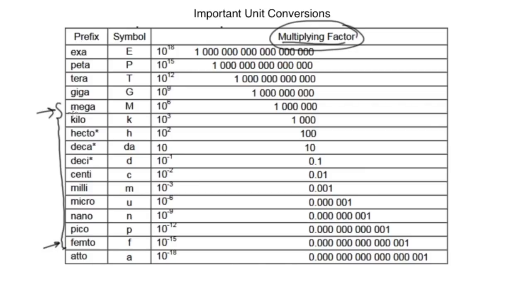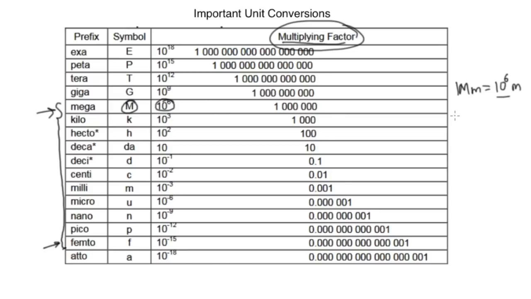Mega is denoted by capital M, and you have to multiply by 10 to the power 6. So if you have 1 megameter, it equals 10 to the power 6 meters. That means you have to multiply by 10 to the power 6.